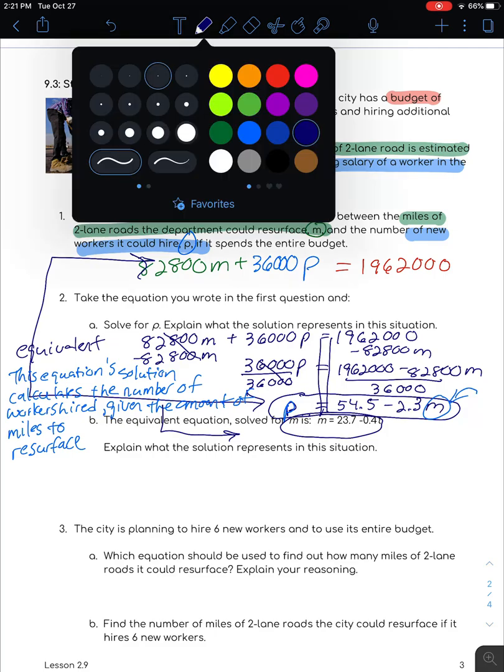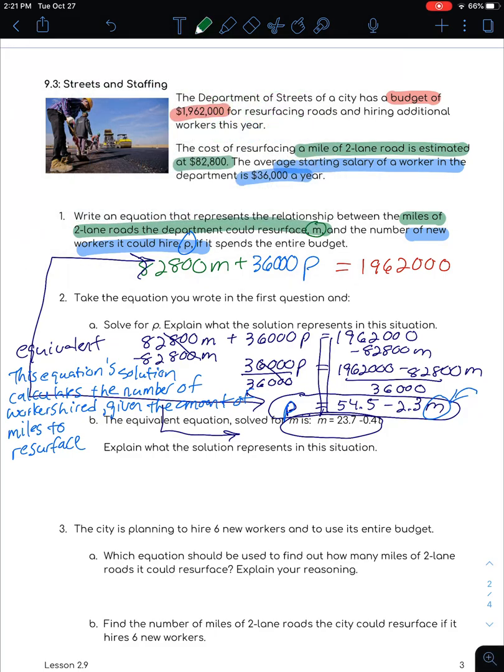Okay, so in this case, we've got M by itself. And so think about what M means in the problem. So we've got M equals 23.7 minus 0.4 T. I'm just going to rewrite that here so we can see it a little bit more easily. So that's that equation there. This equation's solution calculates, so M, remember, stands for the amount of miles of two-lane roads.